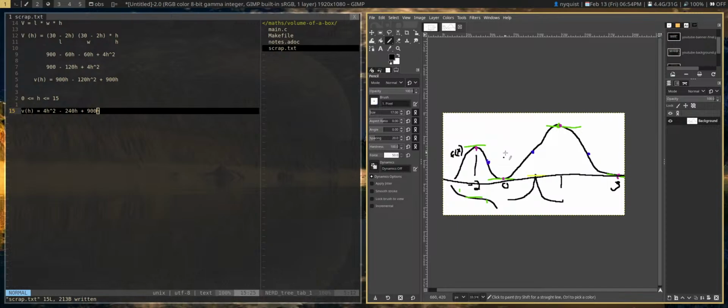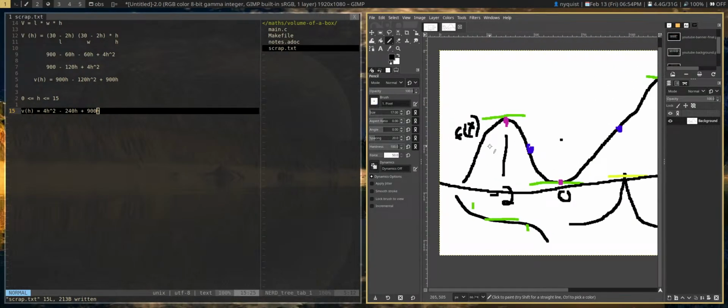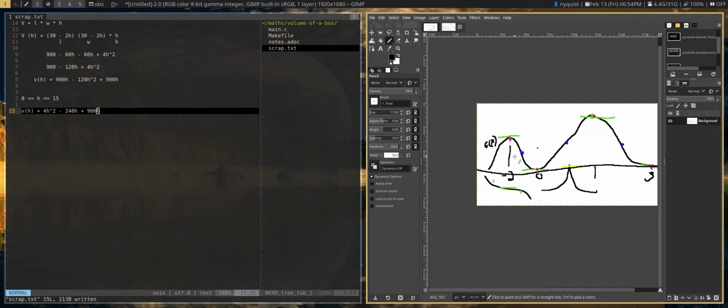Oh yeah, we were talking about local maximums and local minimums. I think that was all I was going to say about it. And then I think the first derivative will tell us the slope, and the second derivative will tell us whether it's concave.